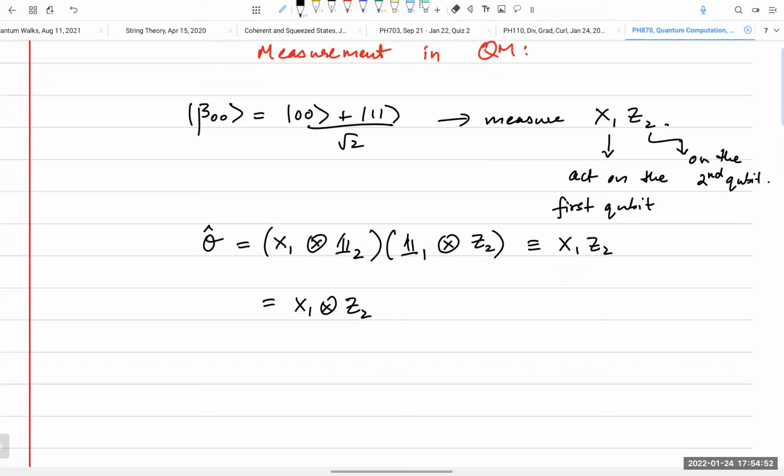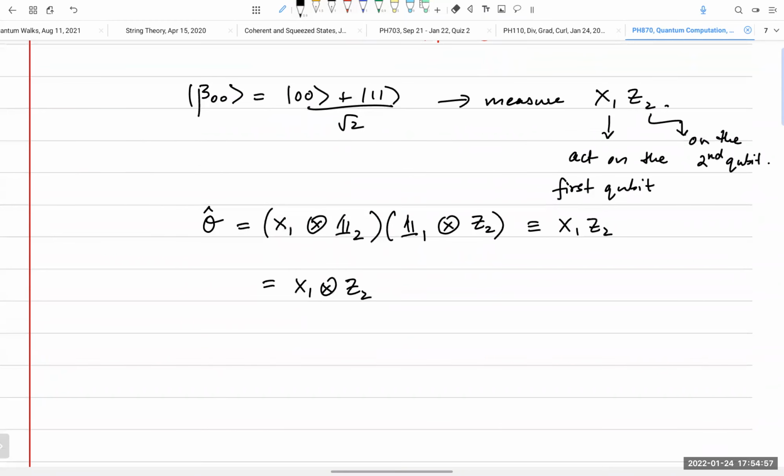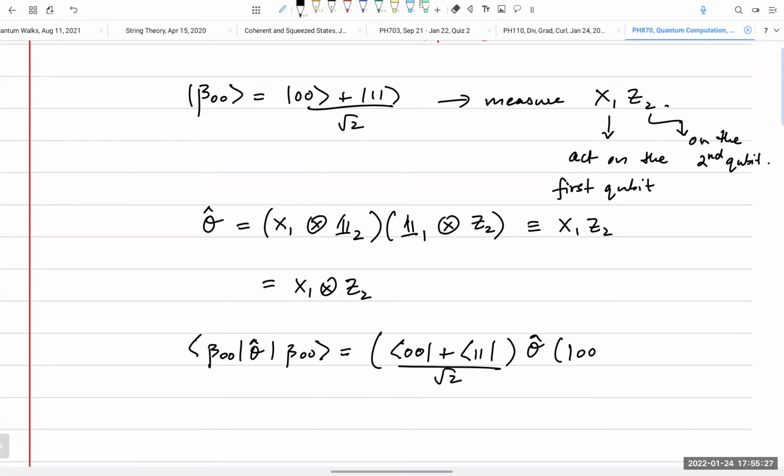And then one can ask, well, what is the expectation value of this operator in the given state? So the expectation value would be just me taking this operator and sandwiching it between two copies of this state, right?